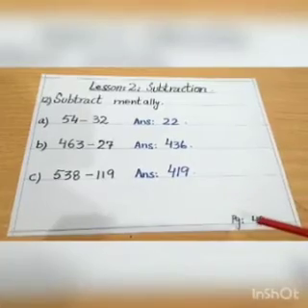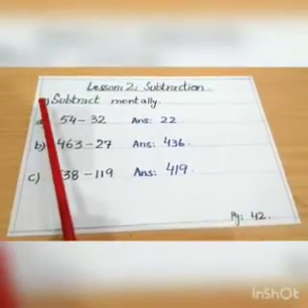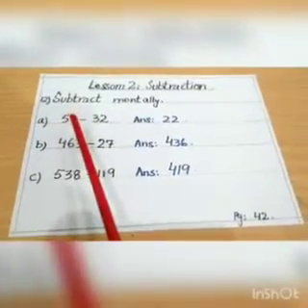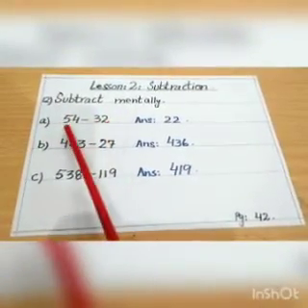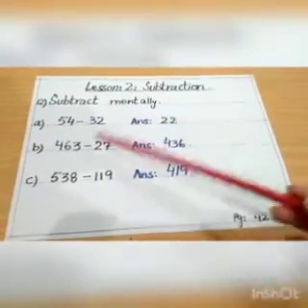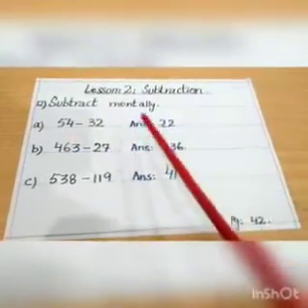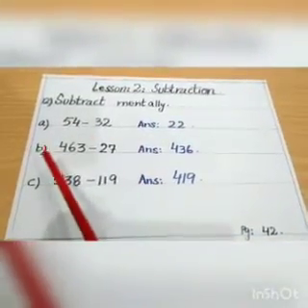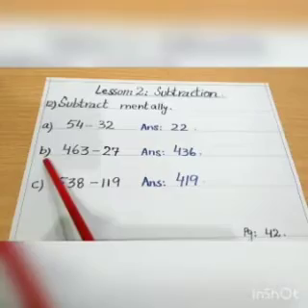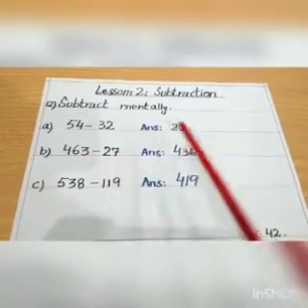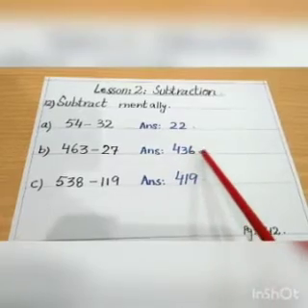On page number 42, question number 12, subtract mentally. Part A, 54 minus 32 is equal to 22. Okay, class? Part B, 463 minus 27 is equal to 436.